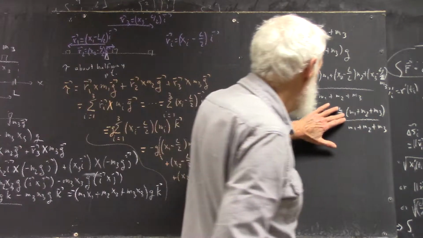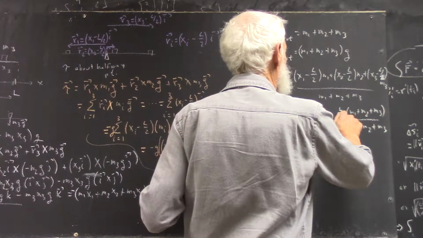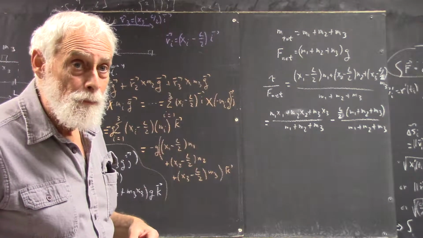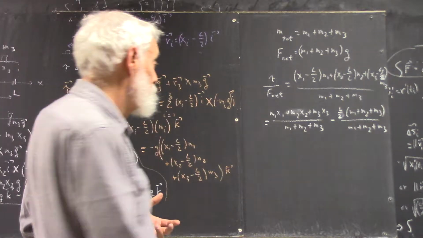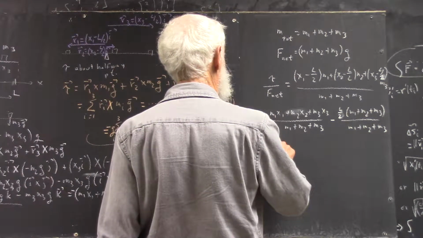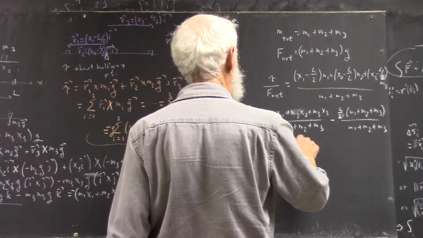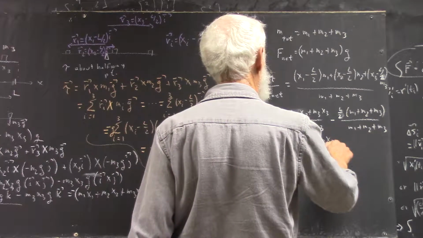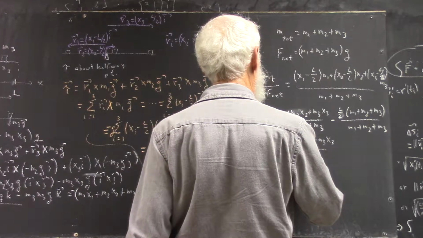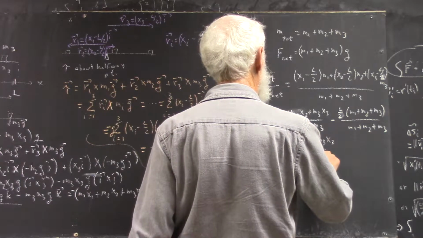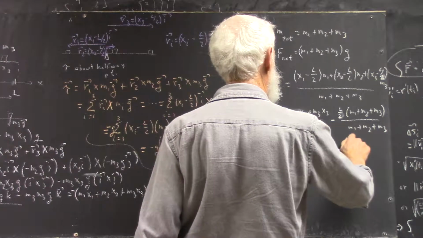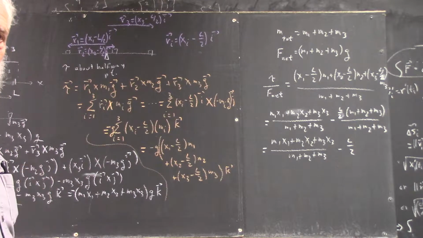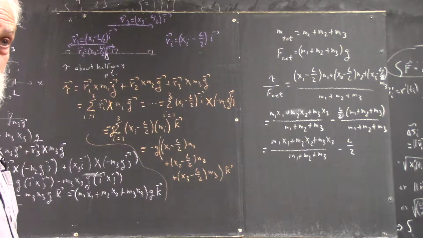And I wrote a 3 again, but it's L over 2, obviously. Okay? That makes sense? What's this equal to? Equal to this. Okay?